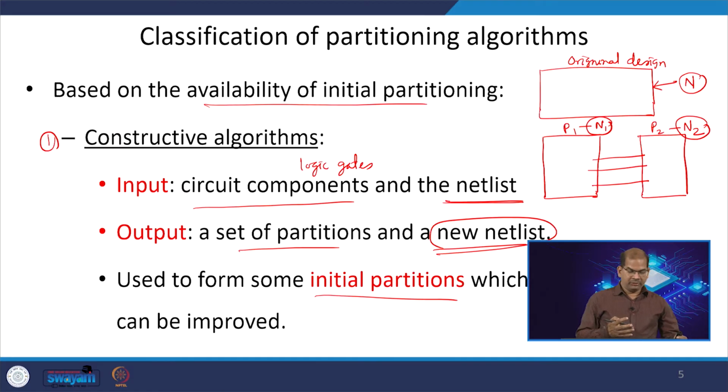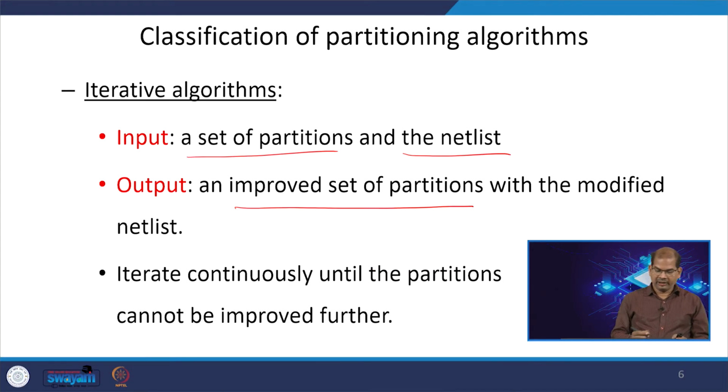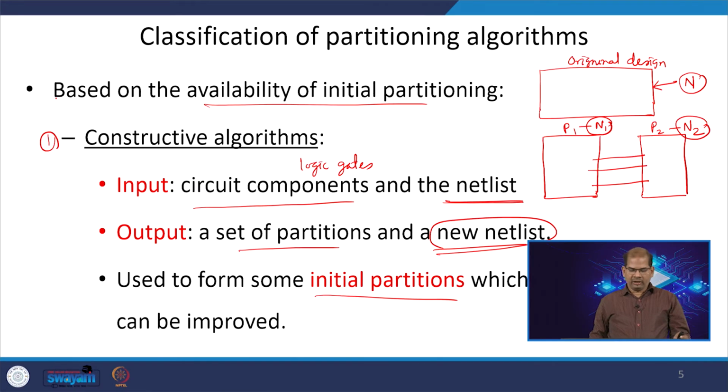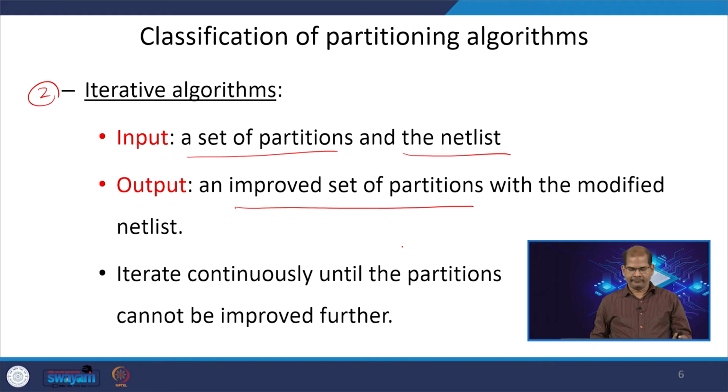And the main difference between the constructive algorithm and the iterative algorithm is that in the case of the constructive algorithm, I am giving logic gates and the netlist as input, and I am getting a set of partitions and the new netlist as the output. But in the case of the iterative algorithm, I am giving a set of partitions, not the original logic gates.